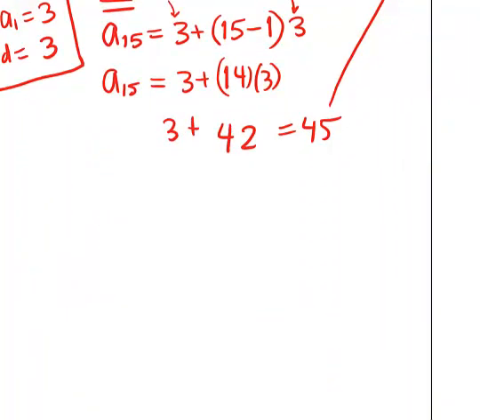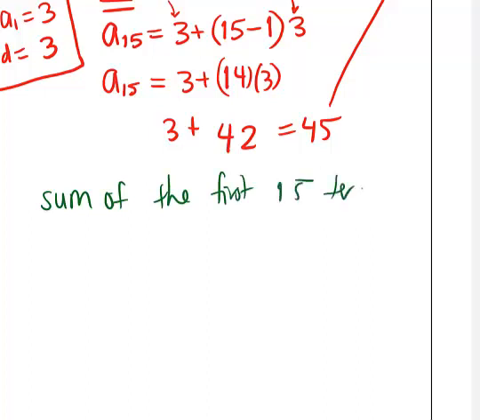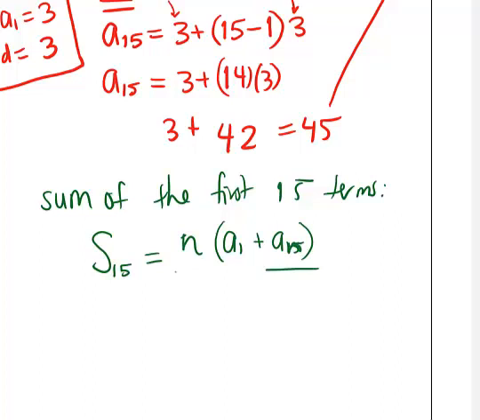Just to show that now we're calculating something new, the sum of the first 15 terms is, according to their formula, s sub n, but we want n to be 15, equals n times a1 plus a15, because that's n, over 2.